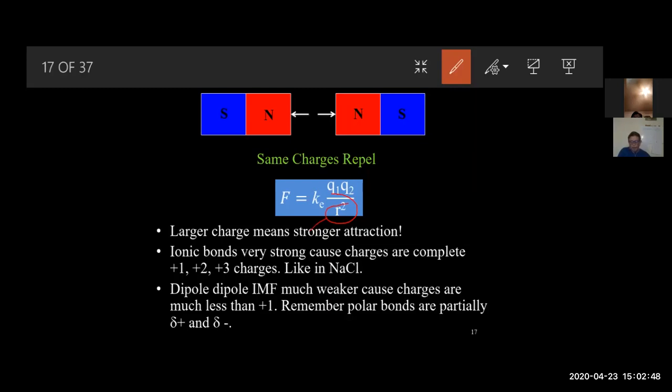But this time, let's take that distance and double it. So we go from 1 to 2 centimeters. Well, 2 squared is 4. And by doubling the distance between those two charges, the force drops to 1/4.